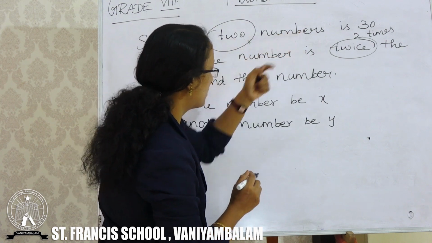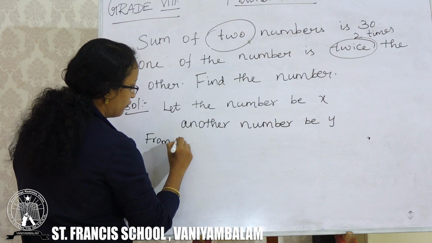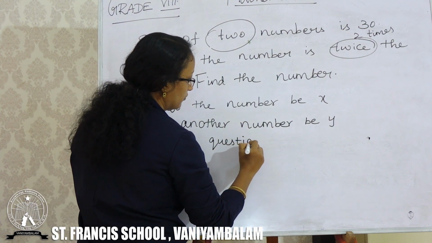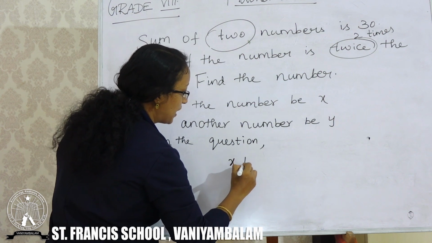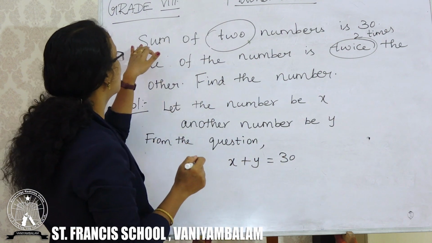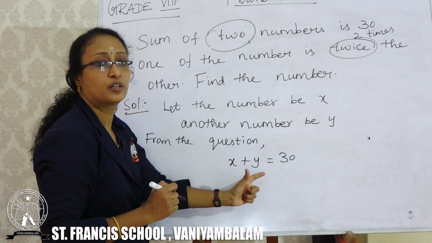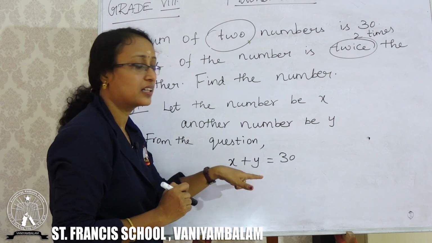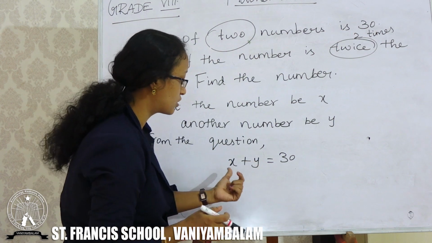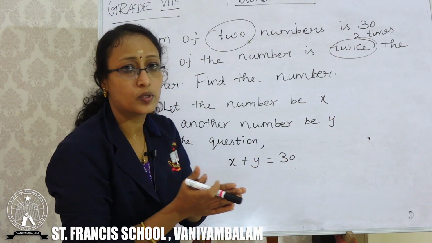Sum of two numbers is 30. So from the question you can write x plus y is equal to 30. Am I right? Because it is given the sum of two numbers is 30. Sum means addition. So x plus y is equal to 30.